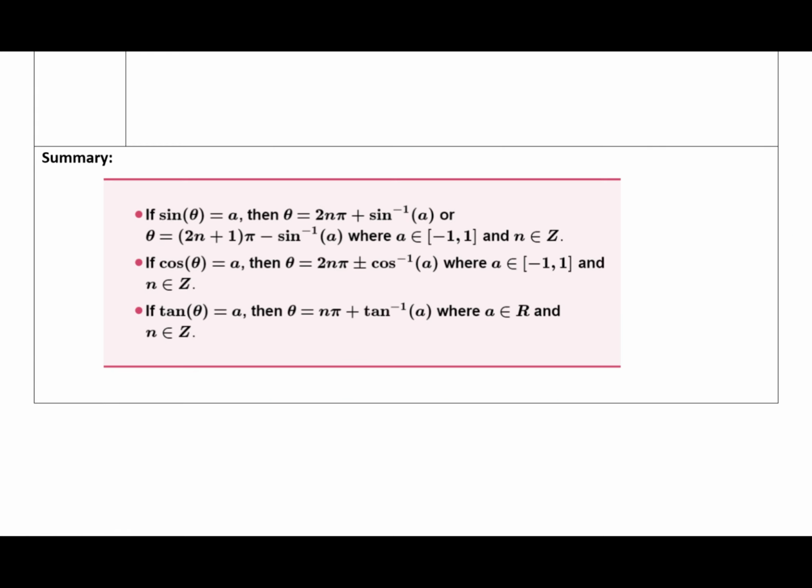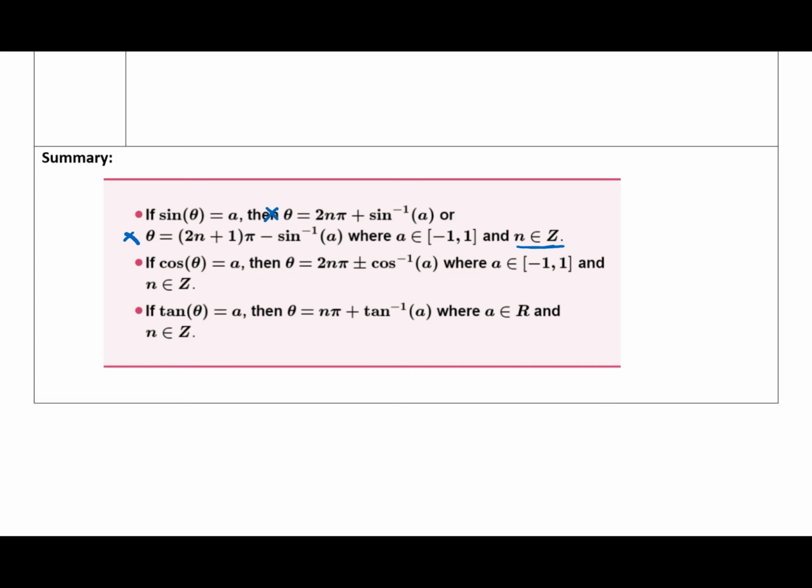So, in summary, we need to remember that if we're dealing with sine, there are going to be two answers. There's one set and another. We know that we need to write n as an element of z because that tells the user of this general solution that we've got all the integer multiples.